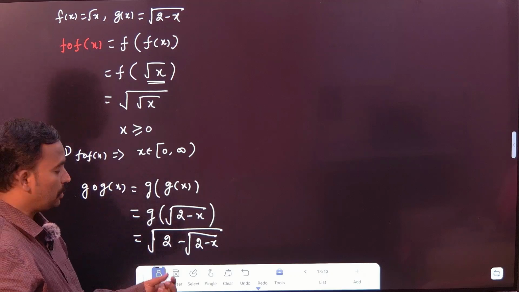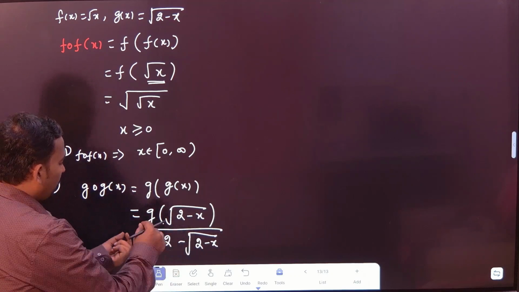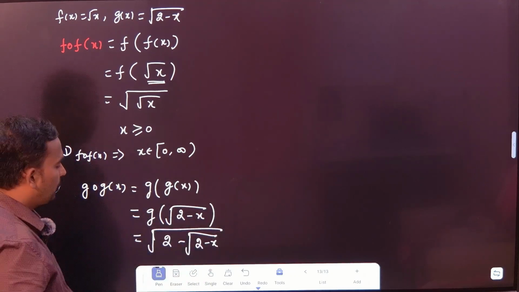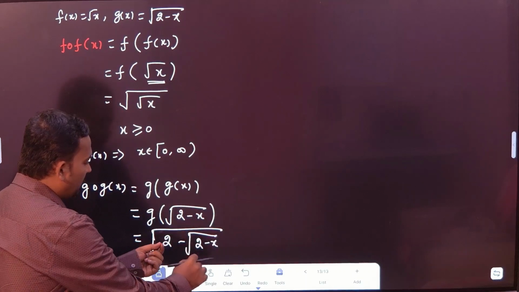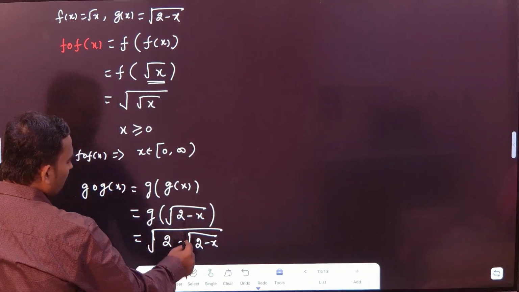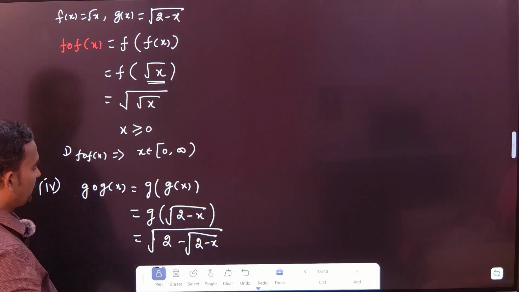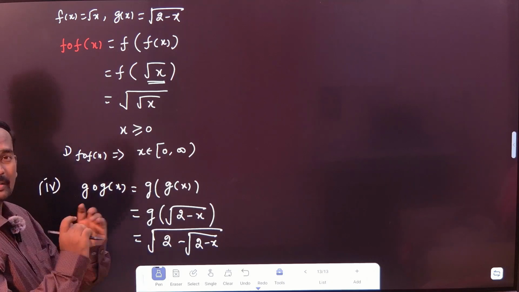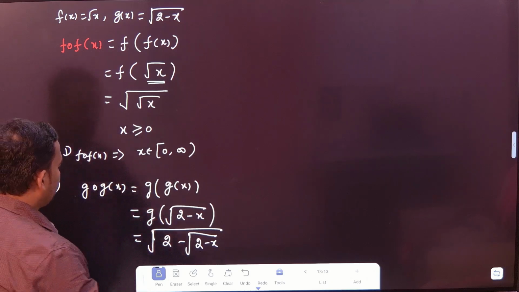Here you have to observe two things. One is the larger square root, and one is the smaller square root, right? Understood? You have to observe that under the square root is always greater than or equal to 0.